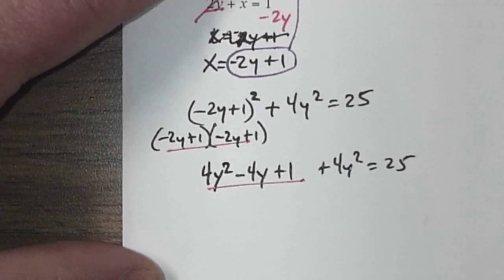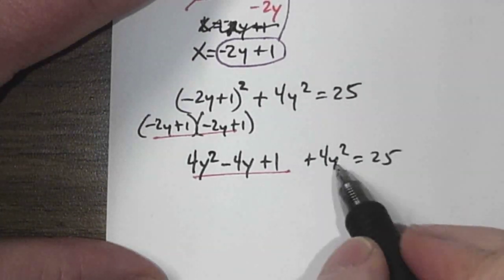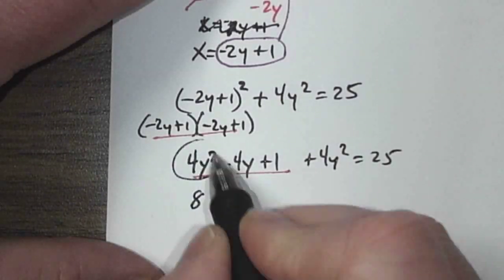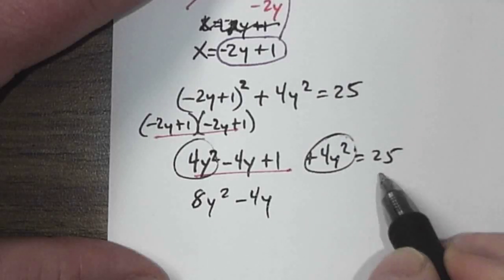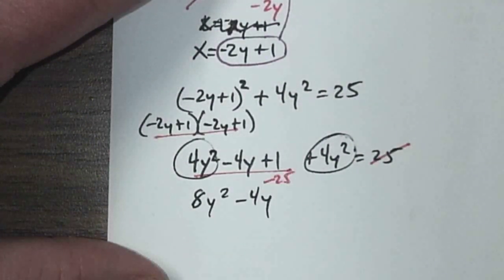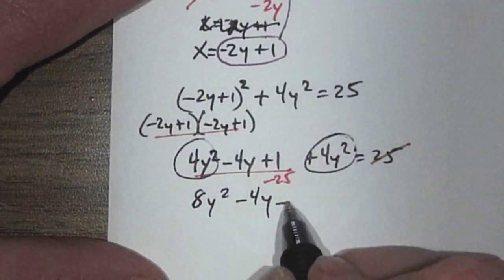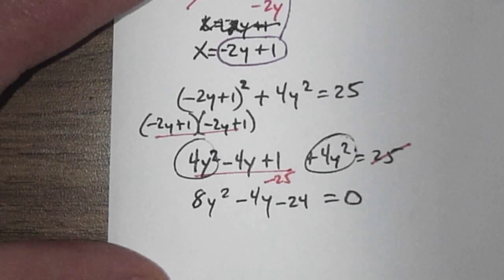So multiplying this out gives you this here. That's going to be 8y squared, 4y and 4y, minus 4y. And then I'm going to go ahead and subtract the 25. So I get minus 24 equals 0.